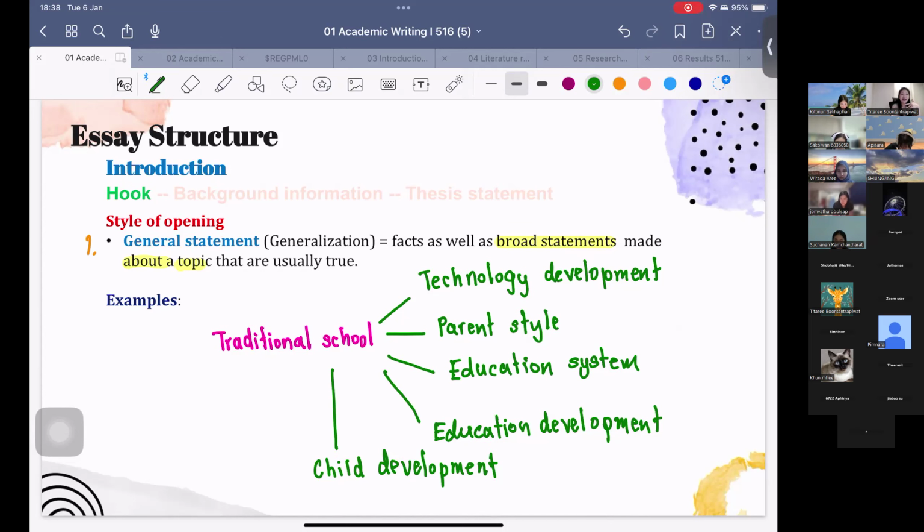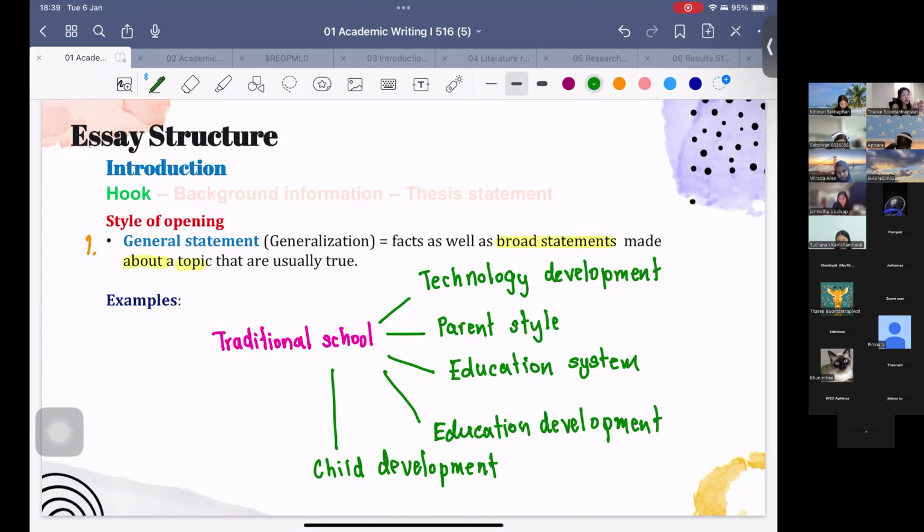At the end of the day, I can link it to traditional school. Or as you can see, I wrote educational system, educational developments, or child development. All of these things are something that, some way, somehow, you can link to traditional school.